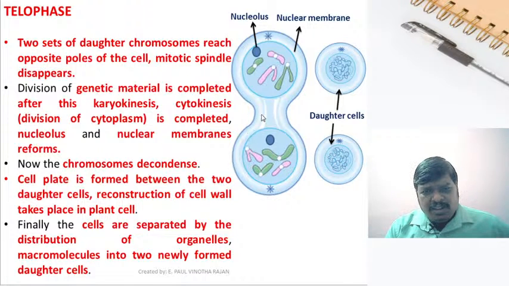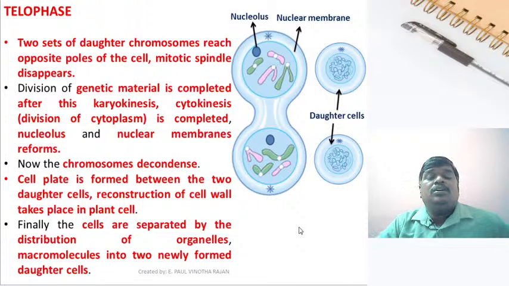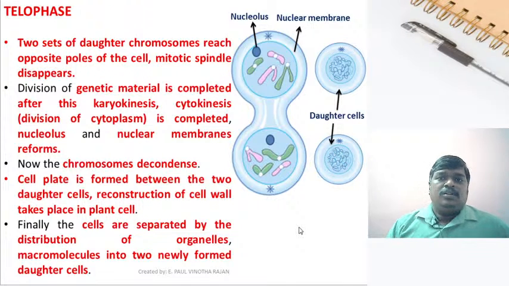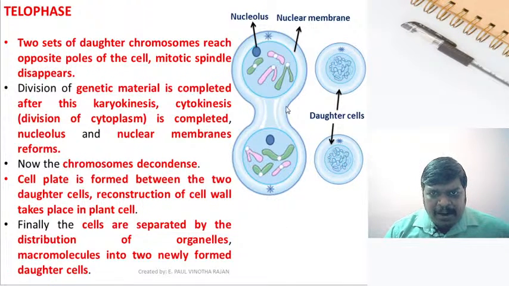And now the cell plate is formed like this. It will divide. There are two ways by which the cell plates are formed, which I am going to explain to you. So now what will happen? The plate is formed here.